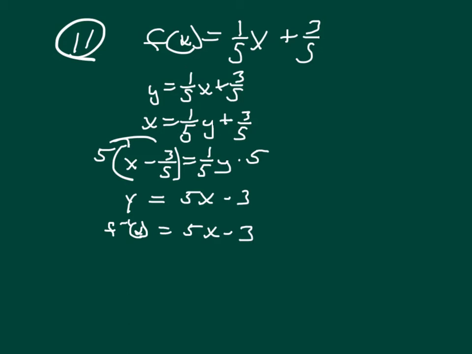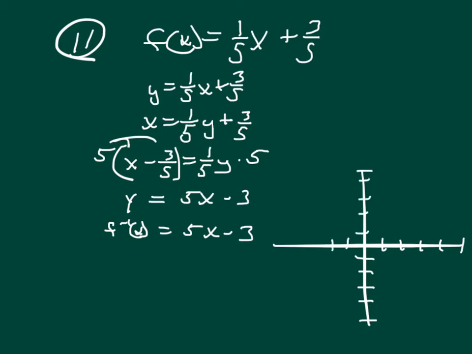Alright, so now let's graph this thing real quickly here. So let's see, 1, 2, 3, 4, 5 on each axis. Alright, so we're going to scale it like so. And let's see here.